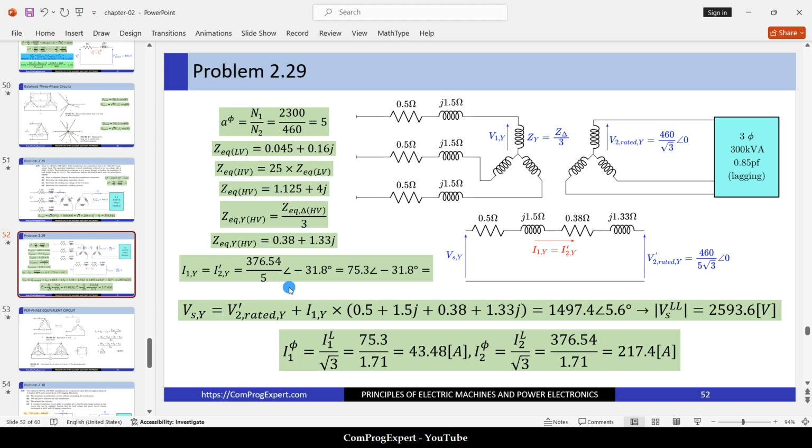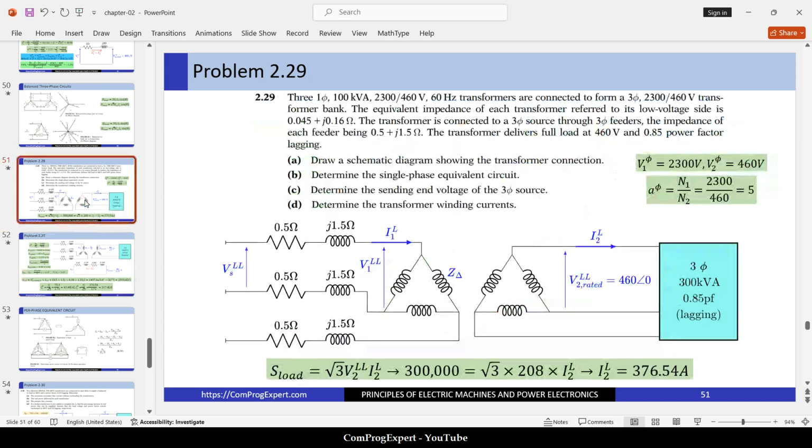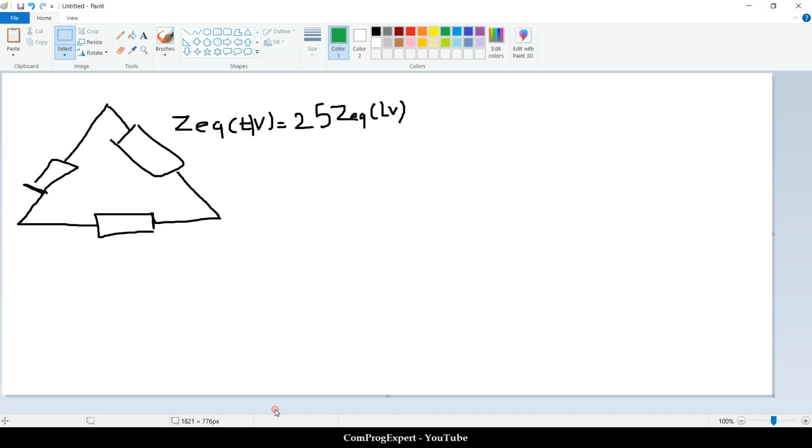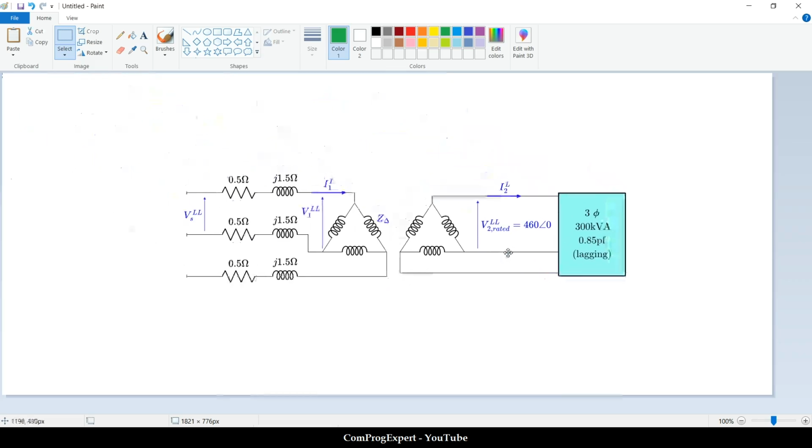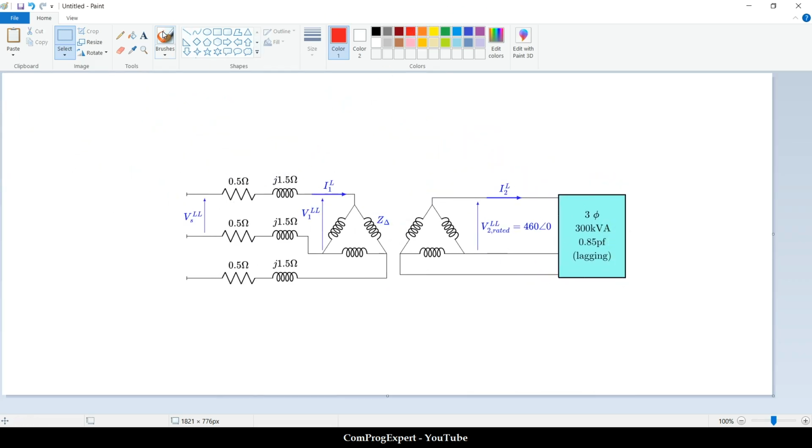We can calculate it using this equation. What is the value of the current? We know the value of the line current here, I2L. This current is the same as the phase current for the equivalent Y model. Okay, so here when we use the Y model, the equivalent Y model is this one.